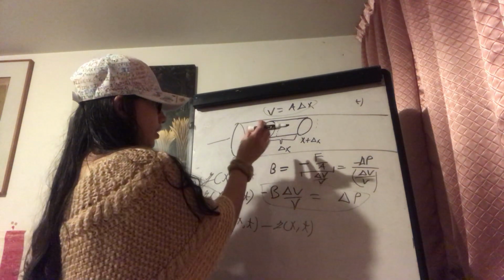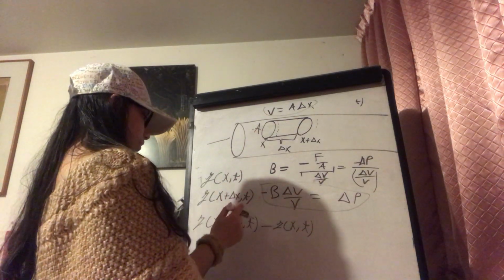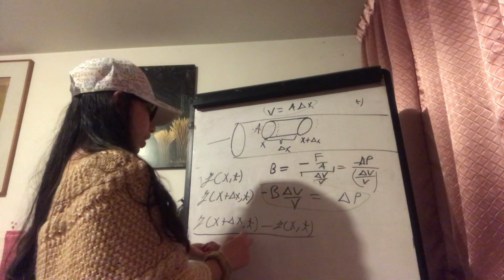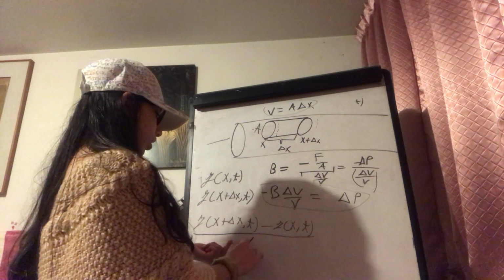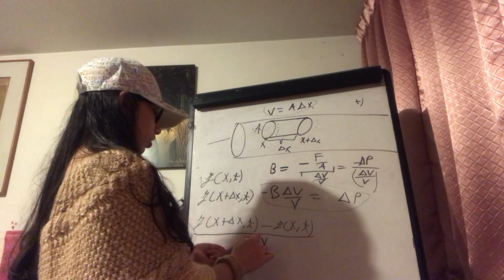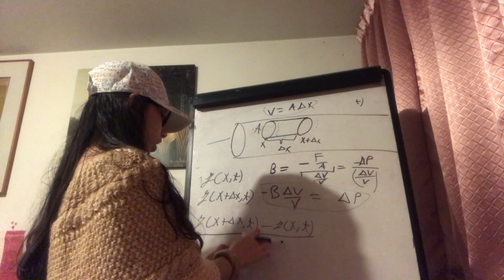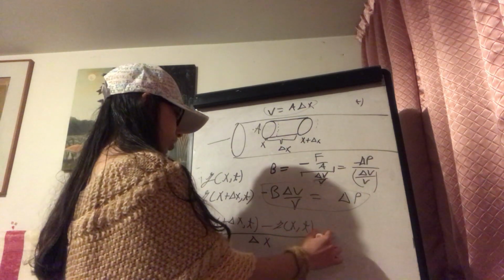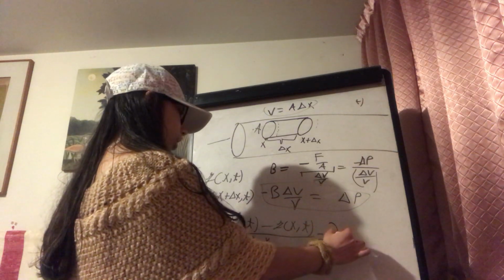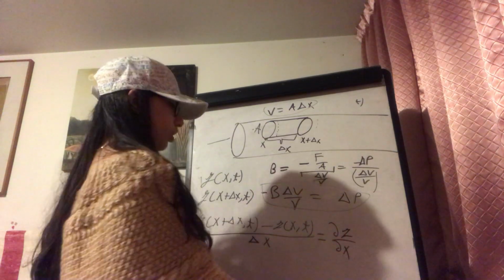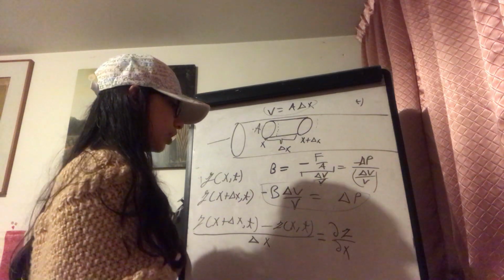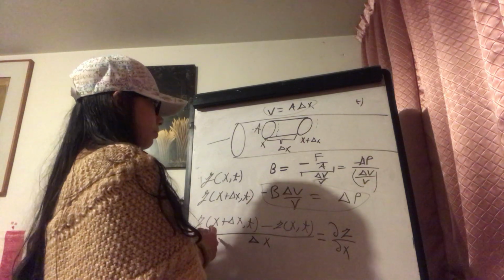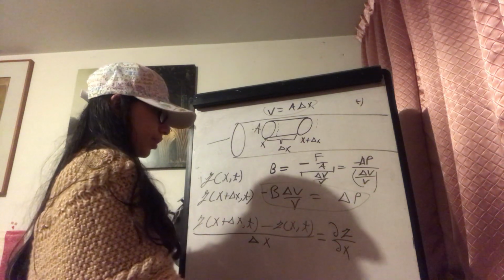This would be my change in volume. If I divide this by delta x, I would have dy over dx. So this is the derivative of y. Remember that y represents the displacement, so this is the first derivative of the displacement.